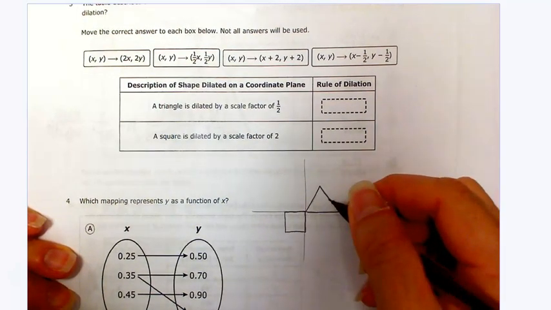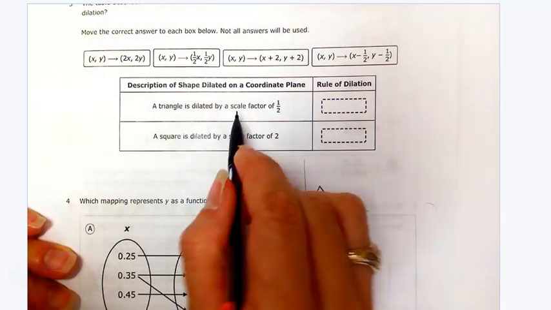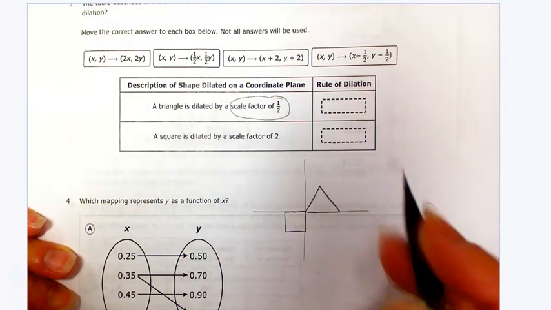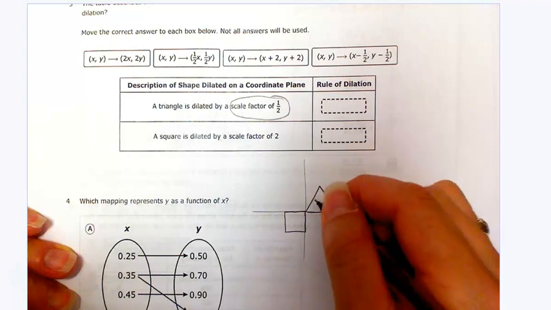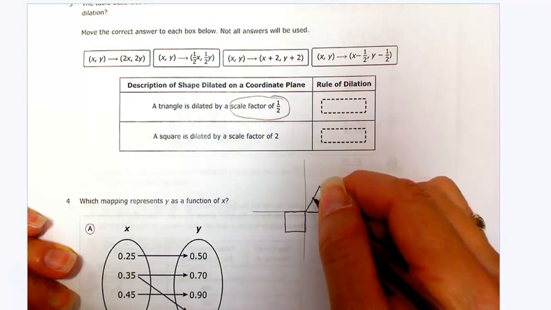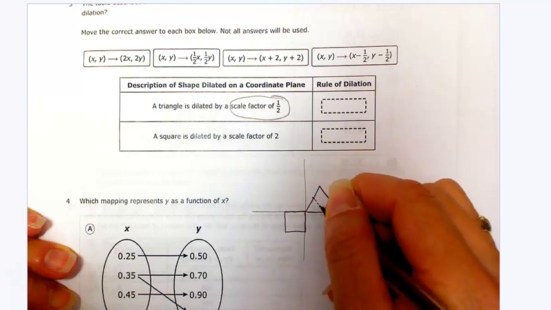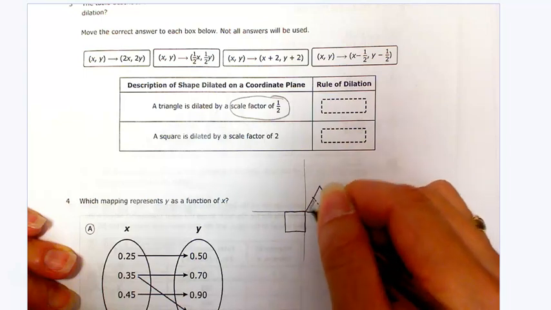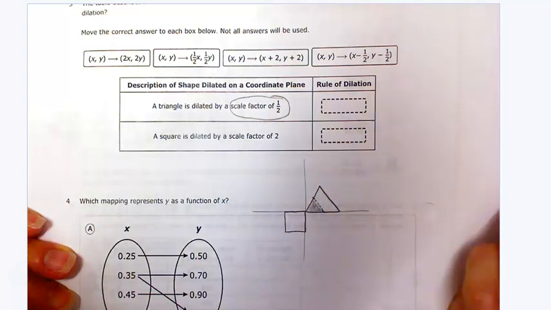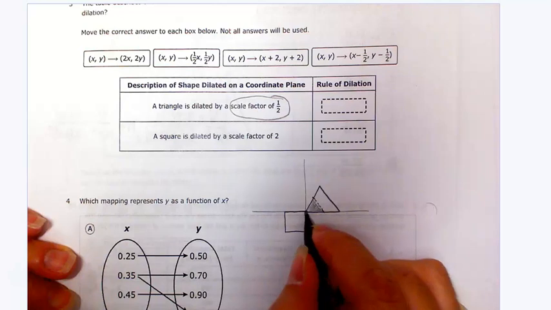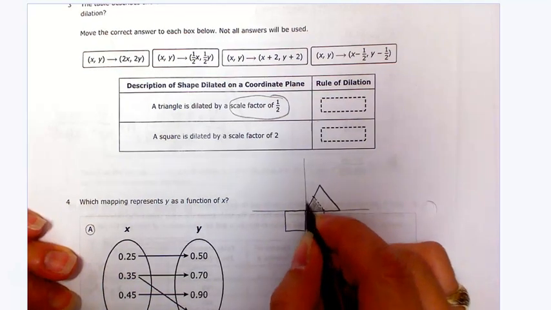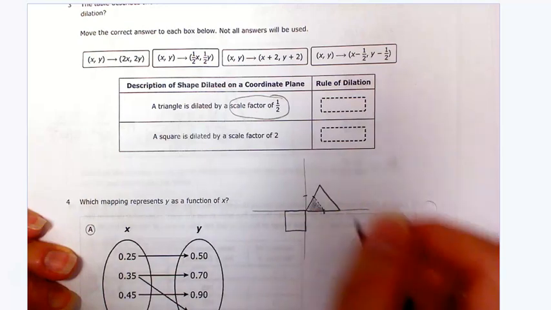If I take this triangle and shrink it down, dilated by a scale factor of 1/2, so now this side is only half as long, and this side is only half as long. And so when you dilate it down by a scale factor, you get a new triangle, which is a lot smaller. So I'm only going half as far, I'm only going up half as far, etc.